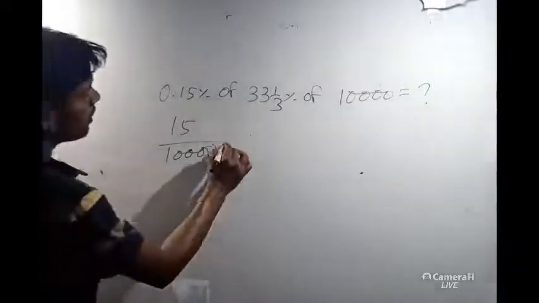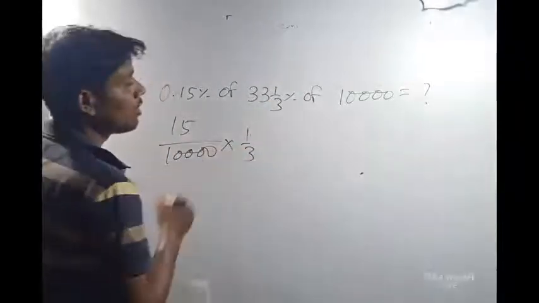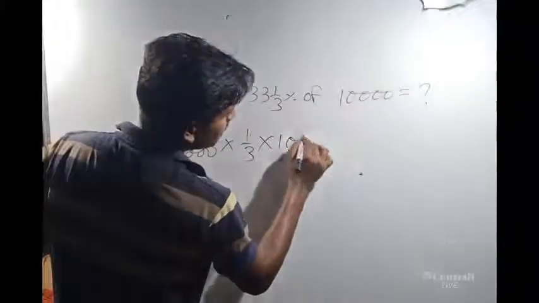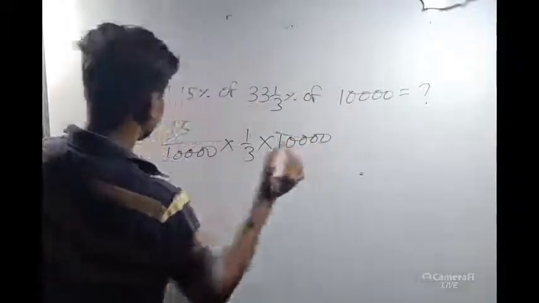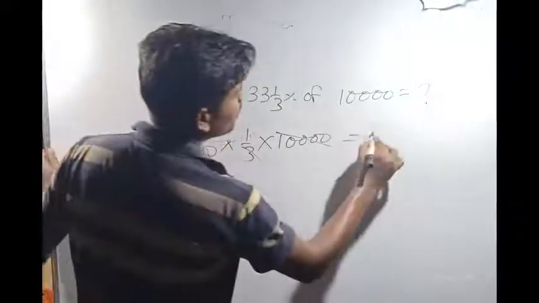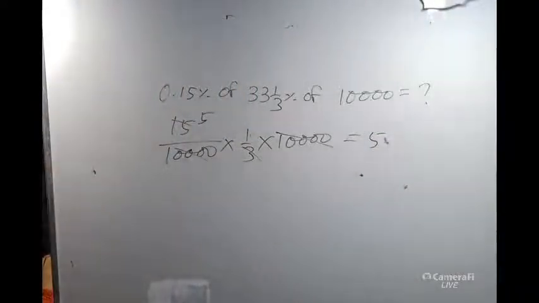Then 33 1/3% means only 1/3, of 10,000. This 10,000 and this 10,000 are cancelled. The 3 is cancelled, only 5 remains.